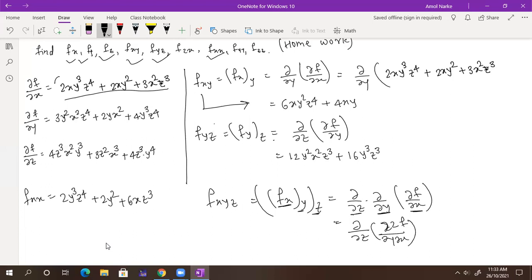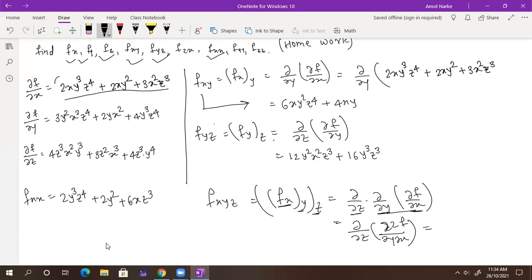If you club that two, what you are getting is ∂²f divided by ∂y ∂x. Whether you calculated this, you can see whether you calculated ∂²f/∂x∂y. So you calculated f of xy already. This is the value you already calculated, so you just put this value here and differentiate with respect to z only.